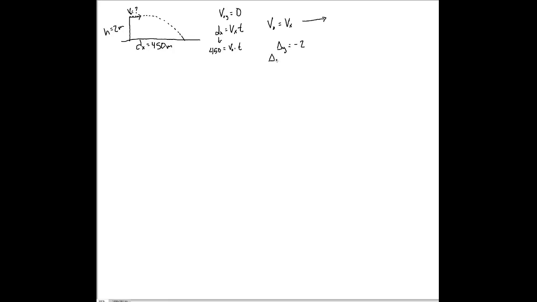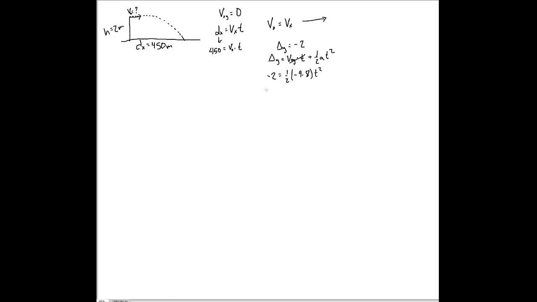So delta y equals V naught y times time plus 1/2 a t squared. We already said that V naught y is 0, so this whole term goes away. I'm left with negative 2 equals 1/2, and my a is negative 9.8, and I'm looking for t squared.